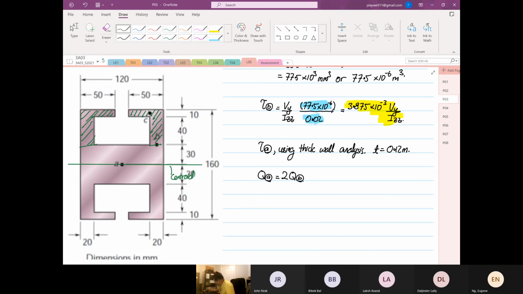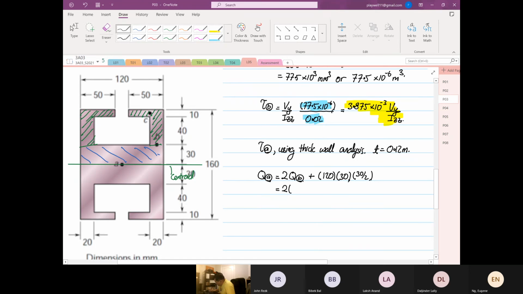The next one is plus the width of 120 and the depth of 30. You will ask me, Eugene, what are we doing now? We are now doing this area down here. Width is 120, depth is 30, multiplied by y bar, which is 30 divided by 2.